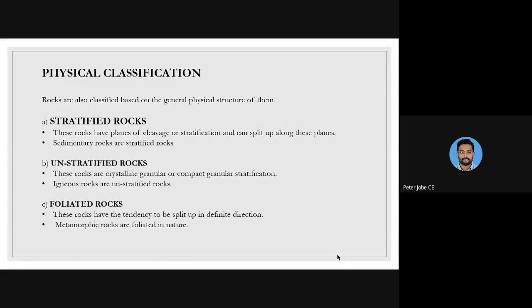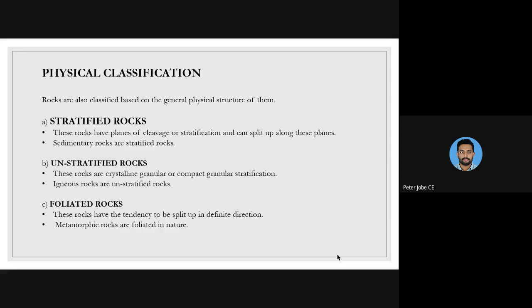And the third classification was based on the physical structure of the rocks, and it was divided as stratified, unstratified, and foliated rocks. The stratified rocks have a plane of cleavage or stratification and can split up along these planes. I've shown you the images also.